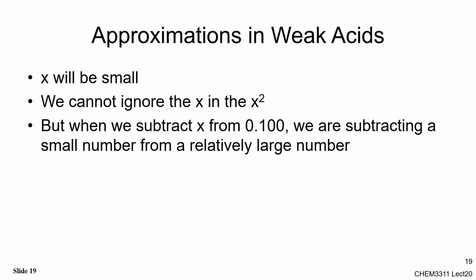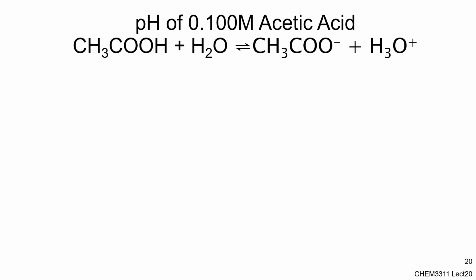But when we add and subtract, we can ignore x when we are adding or subtracting it with a larger number. And since 0.1 molar is our analytical concentration, we can assume safely that that's bigger than x. And so our 0.100 minus x will become 0.100.